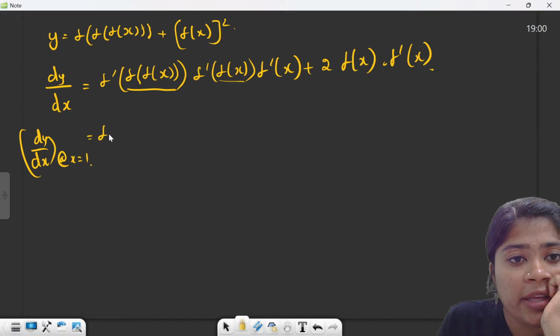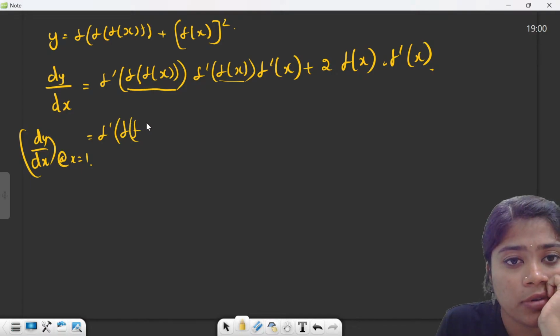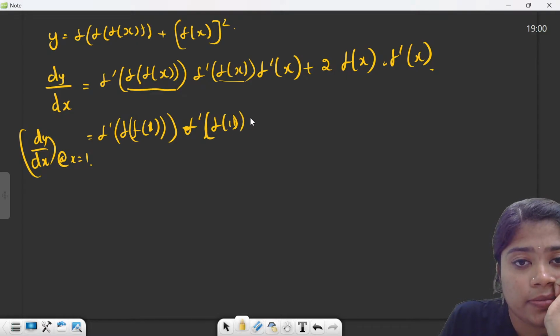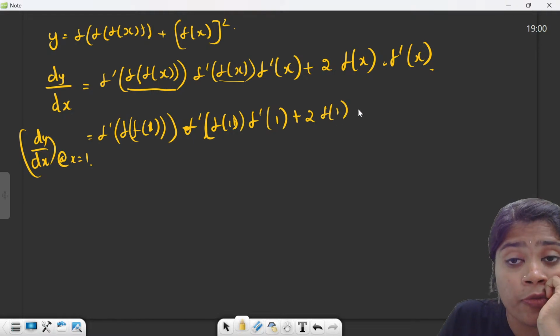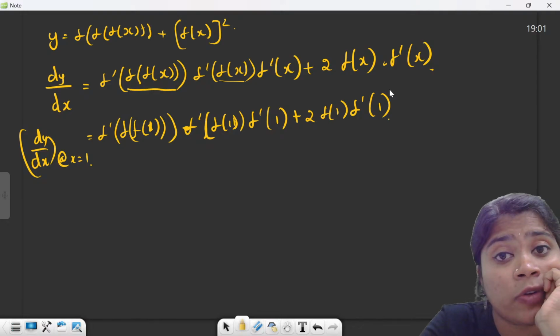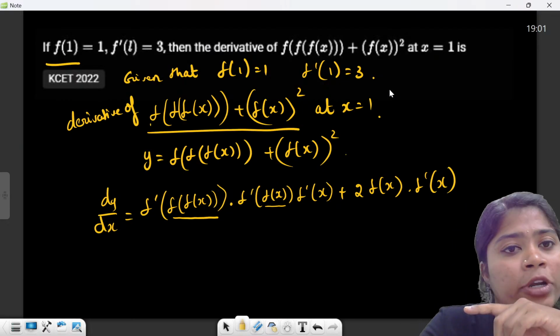So you look, f dash of f of 1, f dash of 1, plus 2 into f of 1, f dash of 1. We will substitute: f dash of 1 is equal to 3, f of 1 is equal to 1.